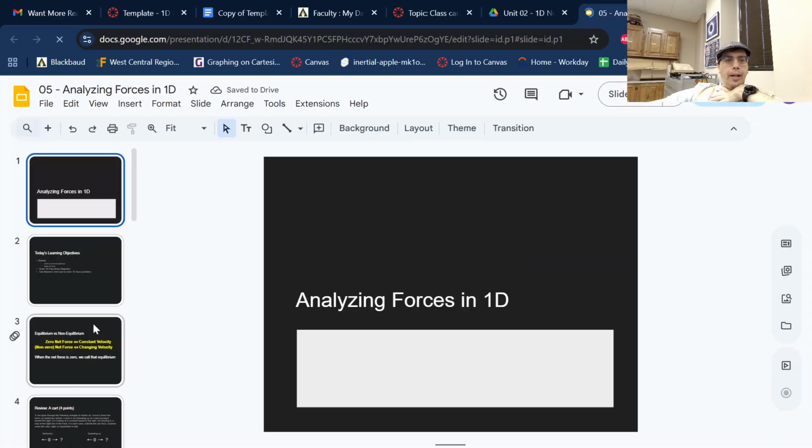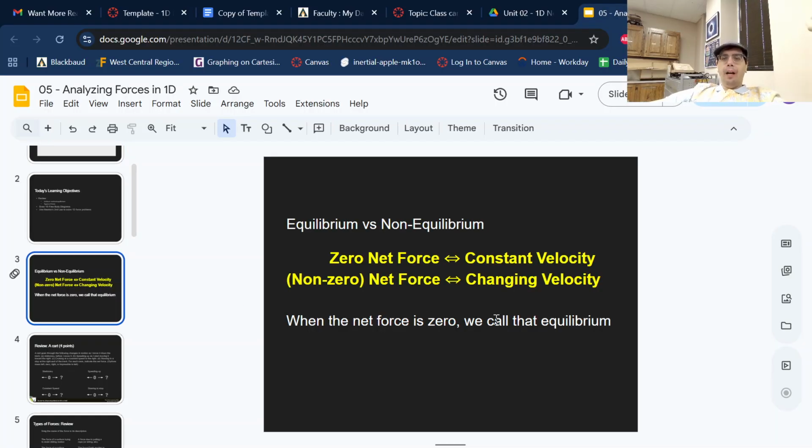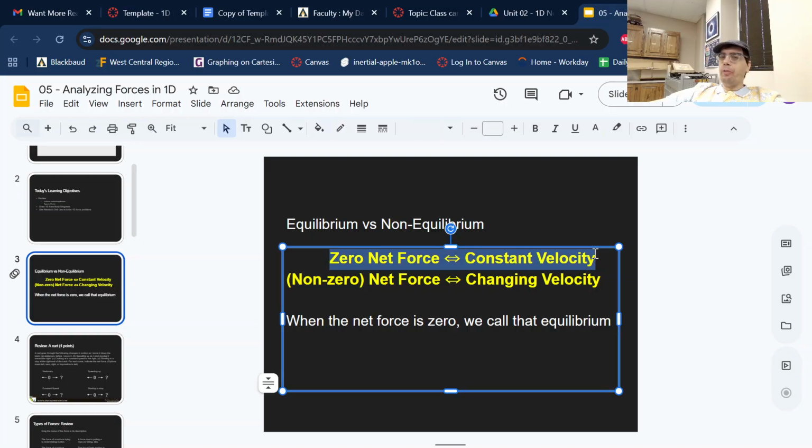And our two main things that I want us to keep in mind are we've still got this scenario of comparing equilibrium versus non-equilibrium. So equilibrium means zero net force, which means we have uniform motion, which means constant velocity.